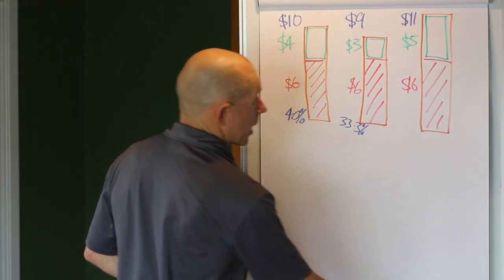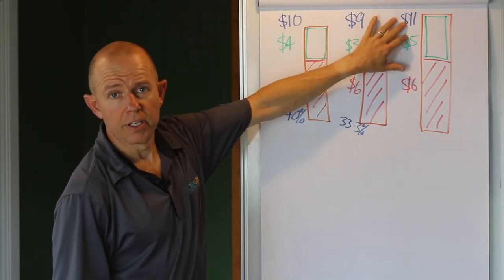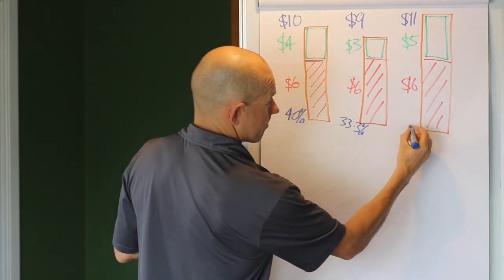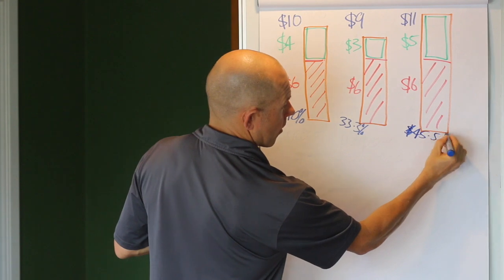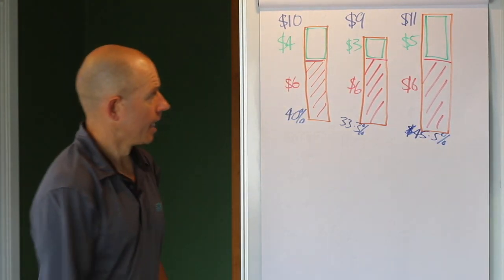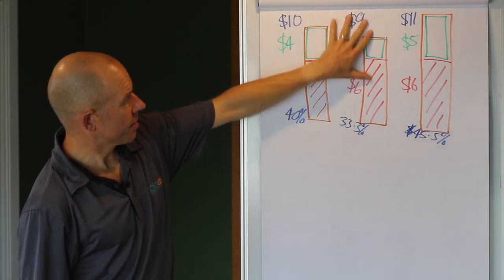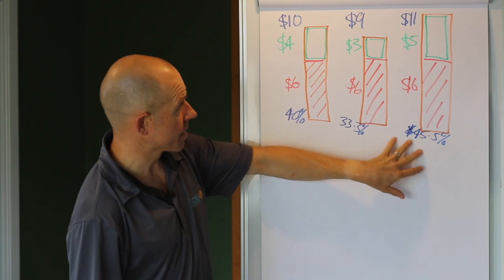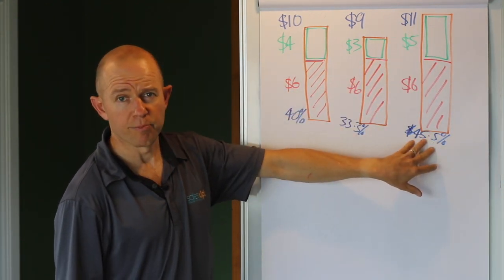Gross profit, to be more accurate. So 5 as a percentage of 11 is 45.5%. Okay, so we've got the original price, $10. We've discounted in this example, brought our margins down to 33.3, and in this example we've increased prices by 10%. So our margin's gone up to 45.5.